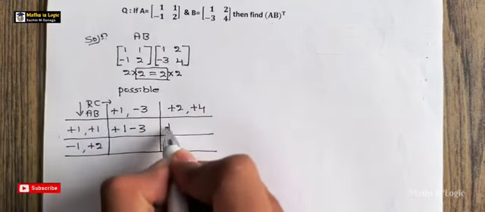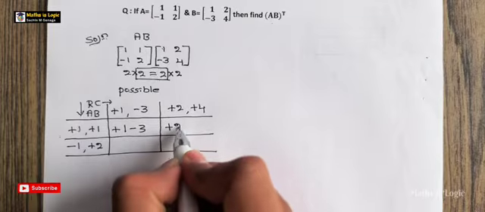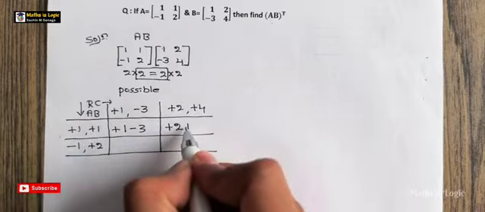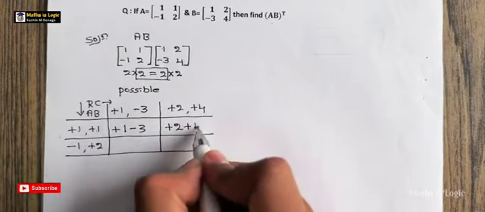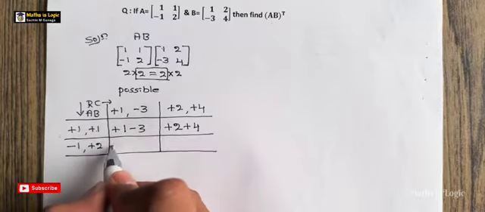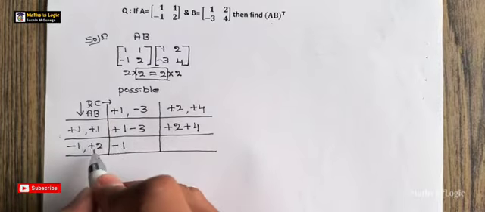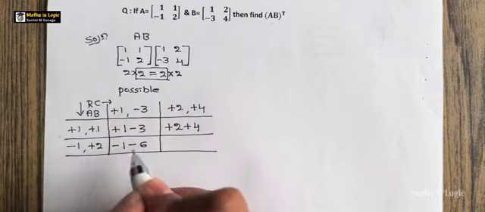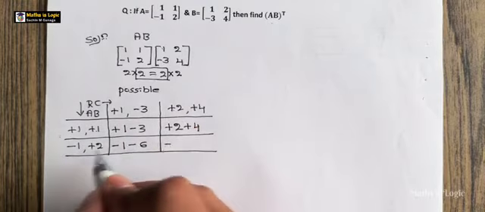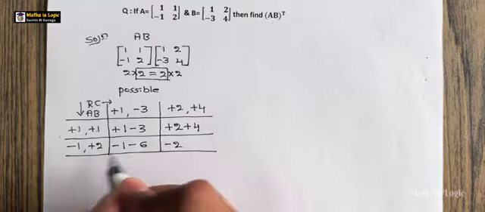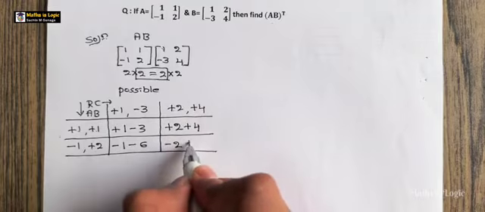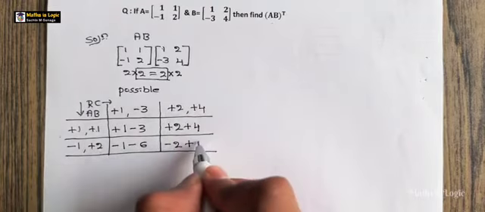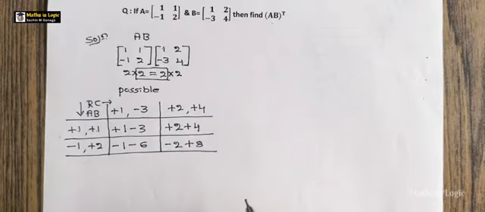Plus into plus, plus 1 into 2, 2. Plus into plus, plus 1 into 4, 4. Minus into plus, minus 1 into 1, 1. Plus into minus, minus 2 into 3, 6. Minus into plus, minus 1 into 2, 2. Plus into plus, plus 2 into 4, 8.